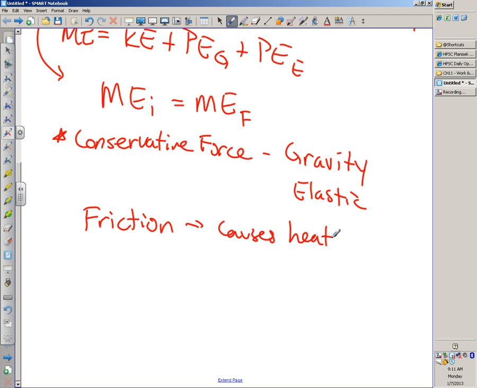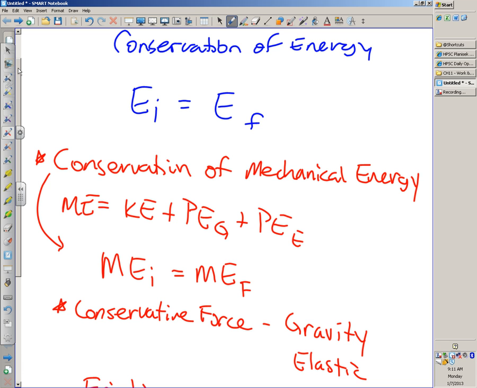When we talk about conservation of total energy, friction still converts, and it still conserves all energy. It turns kinetic energy into heat, but that's not mechanical energy. Does that make sense? Was that good as far as reviewing that concept? Okay. Hopefully it comes back to you as we talk about questions relating to conservation of energy.